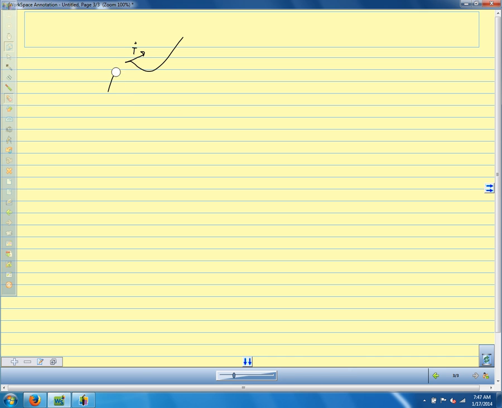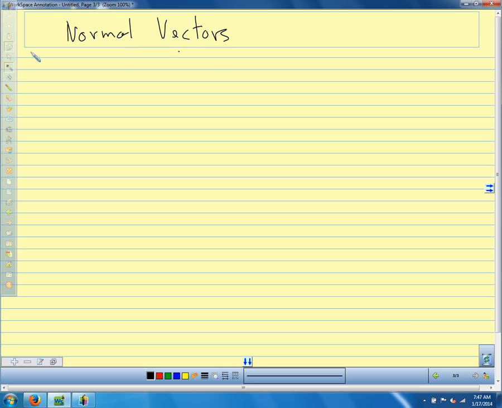So let's talk about this specific normal vector that we want. And our normal vector is going to come in very useful when we start talking more about the geometry of these curves.